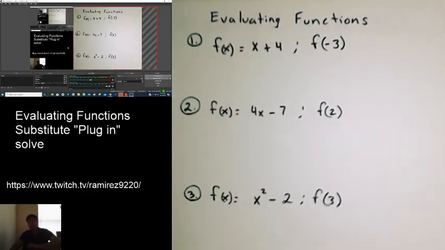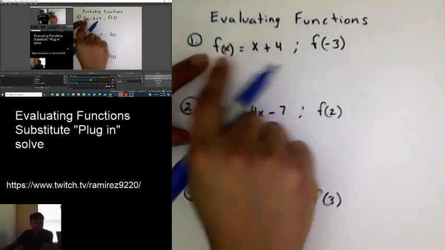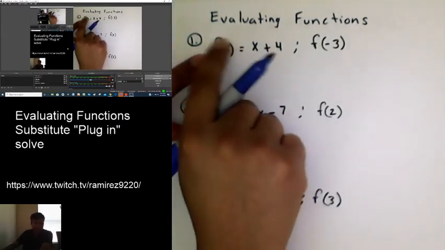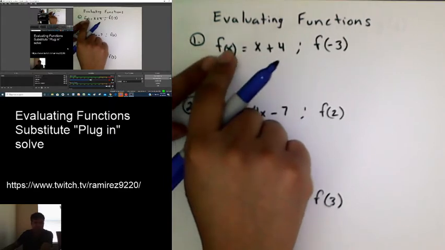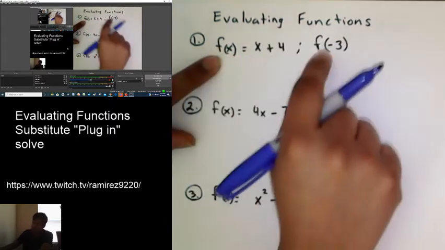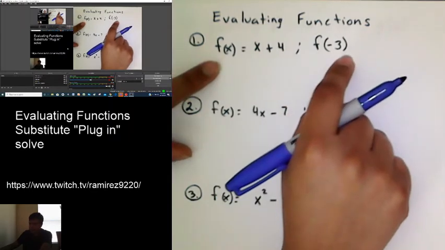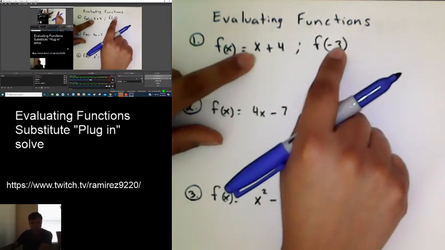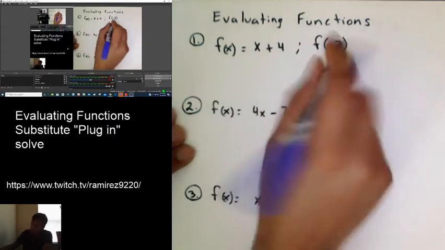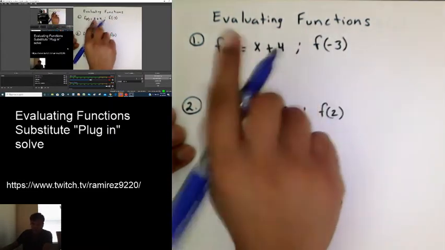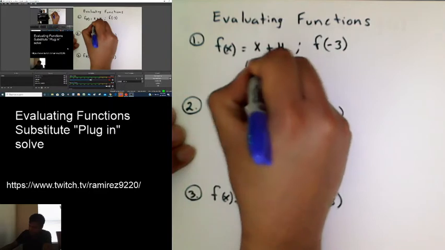So here's an example. We have here number one, and we have the function f of x is equal to x plus 3. All this is saying is that your function f depends on the variable x. So here they're telling us to find it at f of -3. Wherever you see an x, you're going to plug it in. So we have x here. This is where it goes.